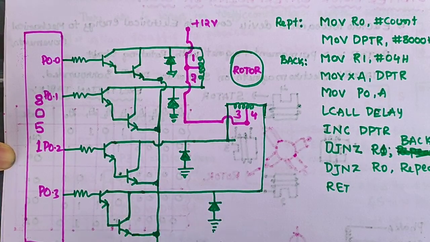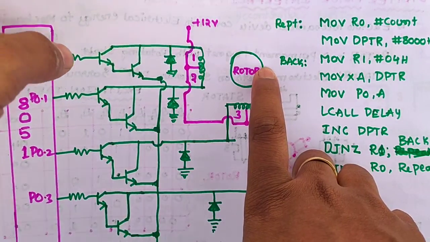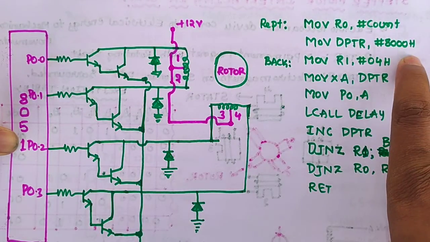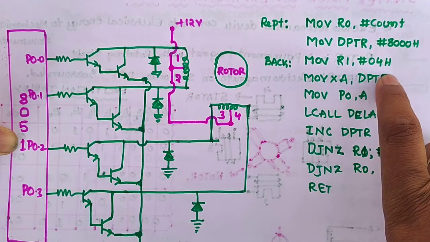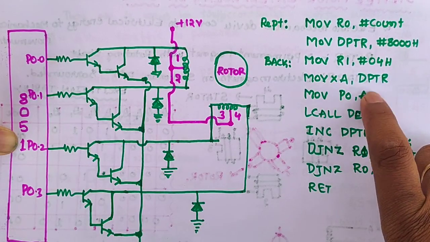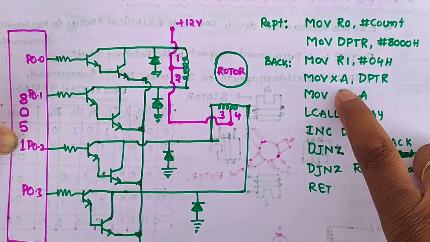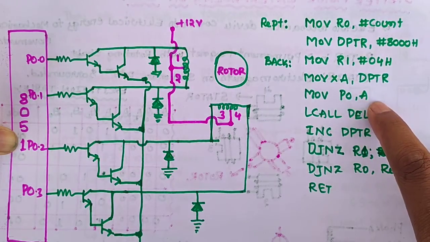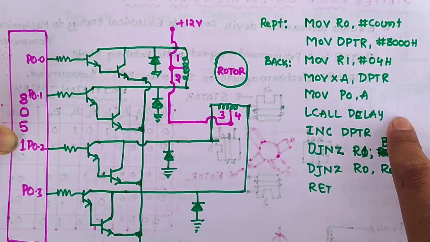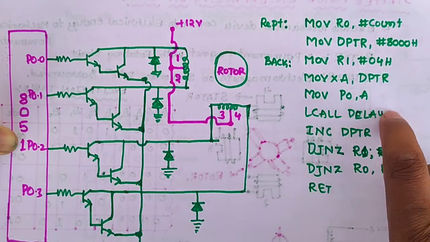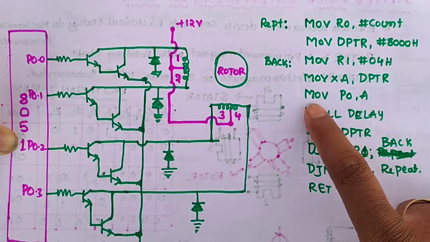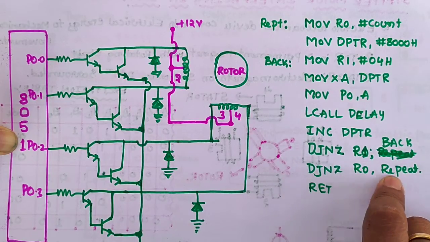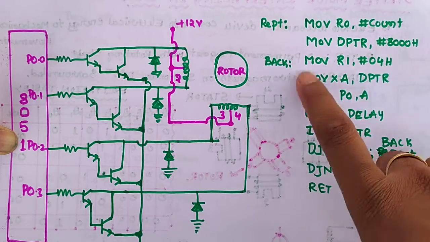This is a program: you need to mention how many rotations are required, the counts, and load the values to the DPTR and 04 to R1. DPTR content is transferred to the accumulator, and then port P0 will get energized with the accumulator value, and we write the delay program with LCALL delay. I am not going to mention how much delay you require. Then increment the DPTR and decrement the R1 and R0 values, and repeat the process until done.